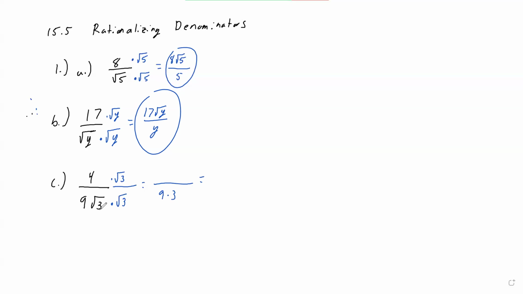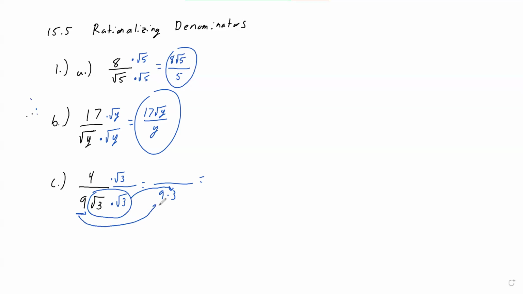So you understand why we multiply by the square root of 3? These two guys right here multiplied together produced this 3, but the 9 is still there.